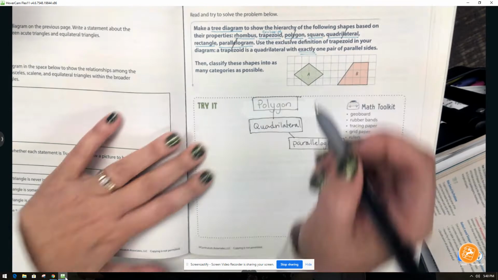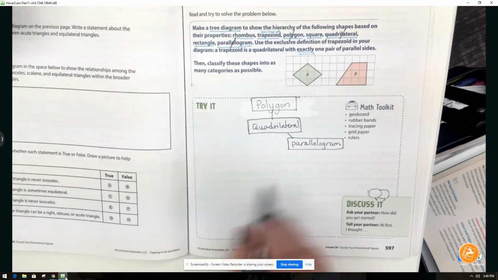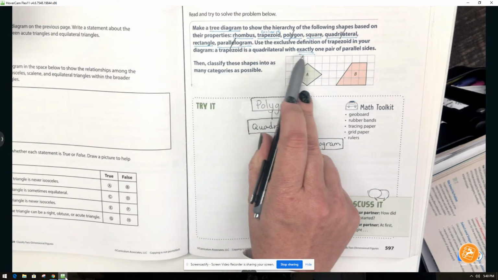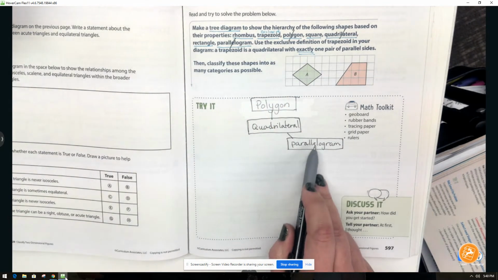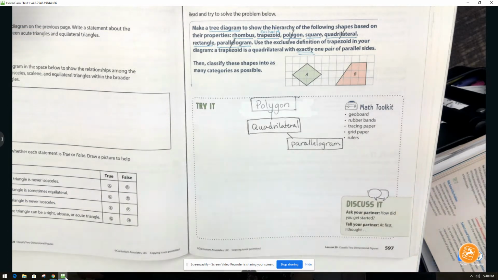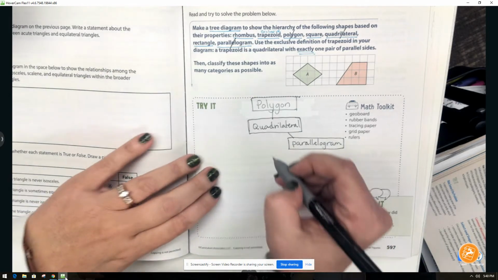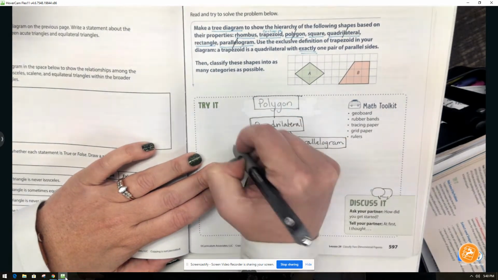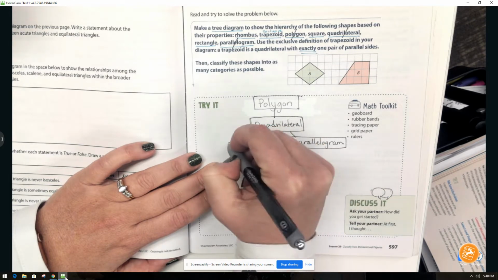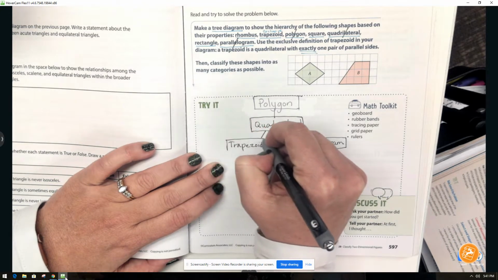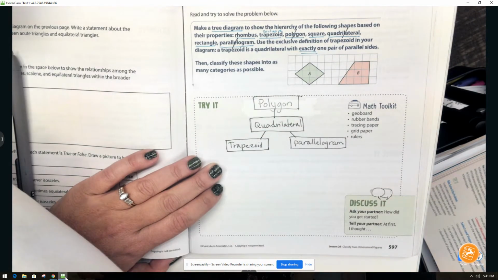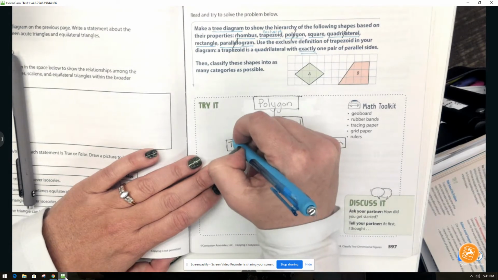Now, the reason that I didn't put trapezoid next is because we're saying a trapezoid is a quadrilateral with exactly one pair of parallel sides. Parallelograms have two pairs of parallel sides. So a parallelogram can never be a trapezoid. So we're going to put the trapezoid over here all by itself. Because a trapezoid wants to be exclusive. I'm going to write the word exclusive here.